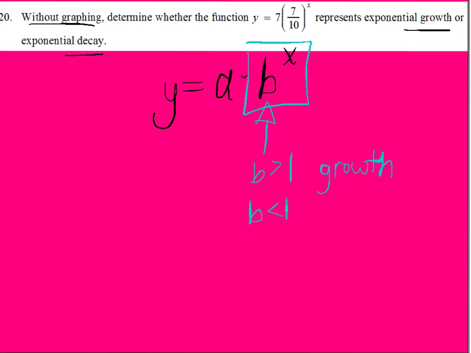And if b is less than 1, then we have a decay. Alright, so our b here is 7/10. We see that that's less than 1, so our answer is decay.